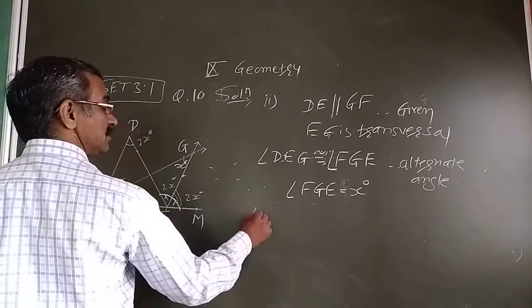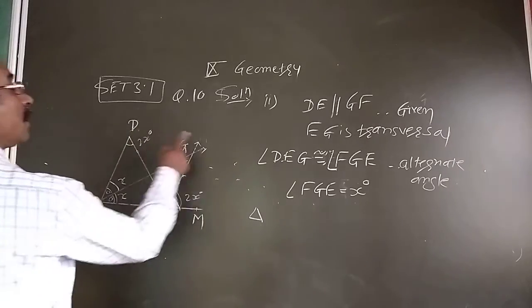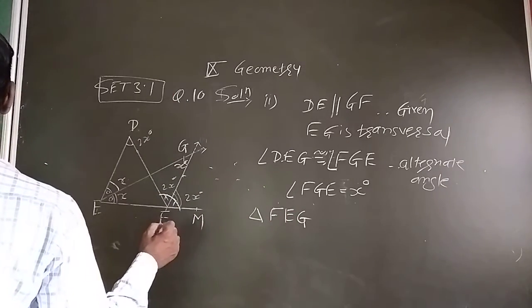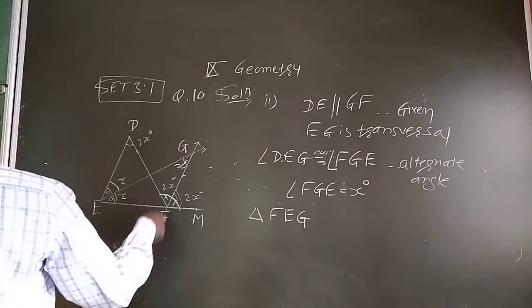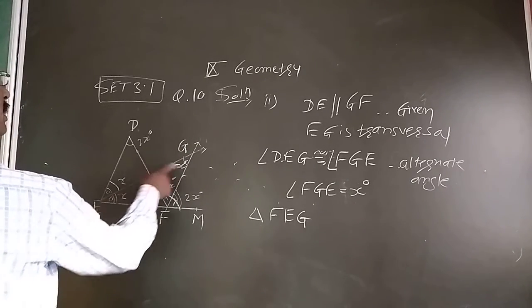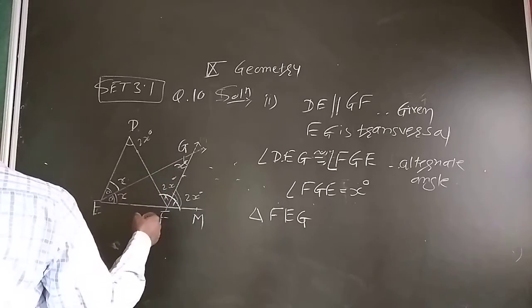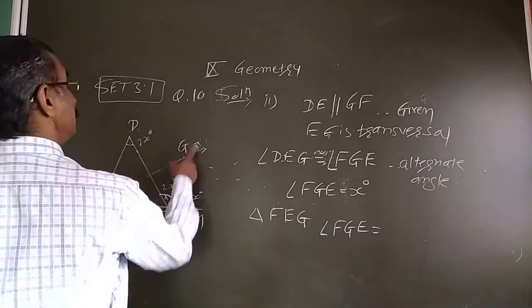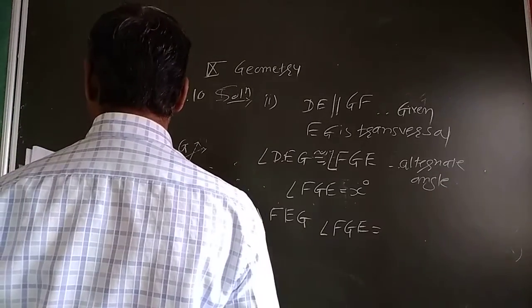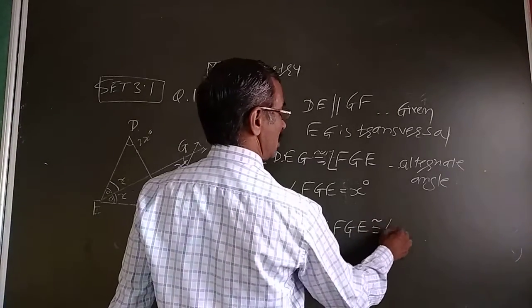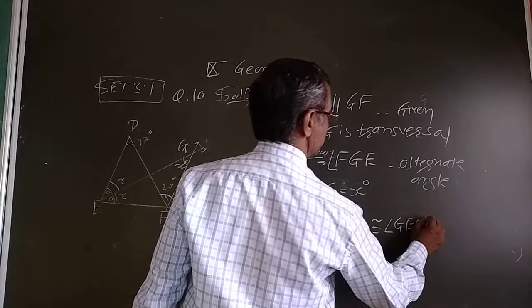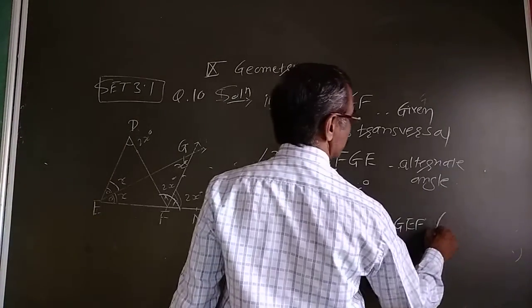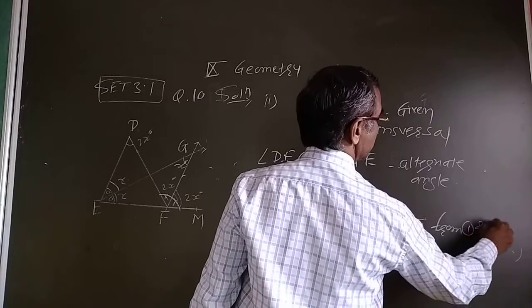So in triangle FEG, these two angles, angle FEG and angle FGE, are congruent because they have equal measures, from equations 1 and 6.